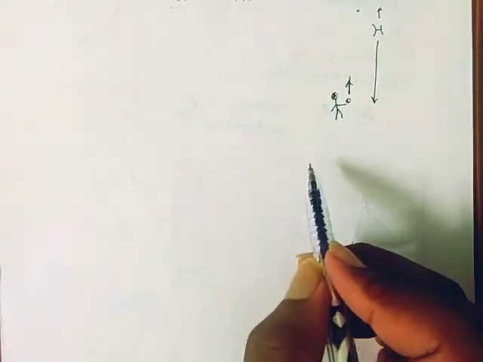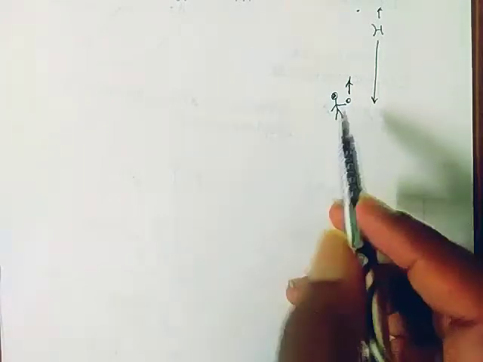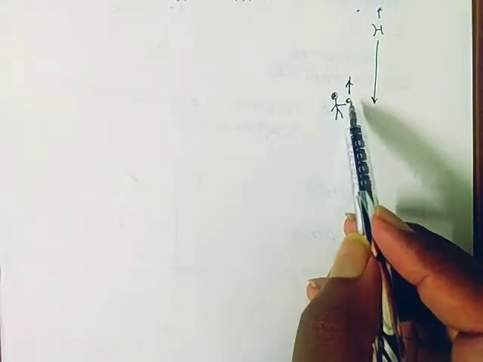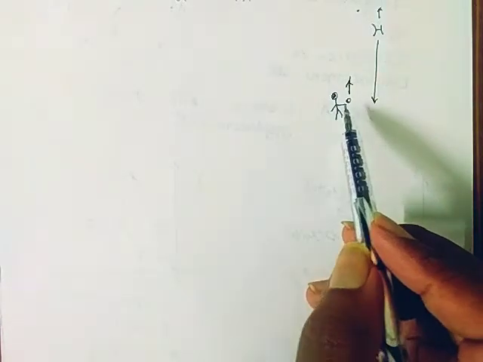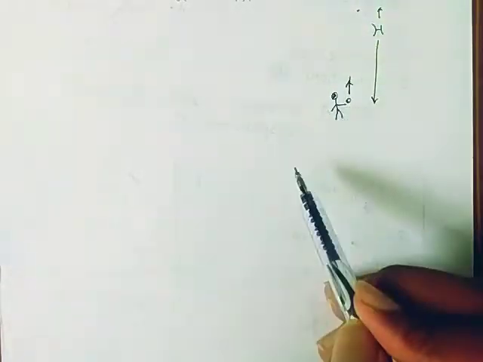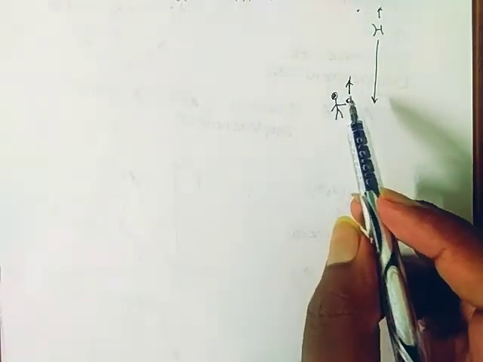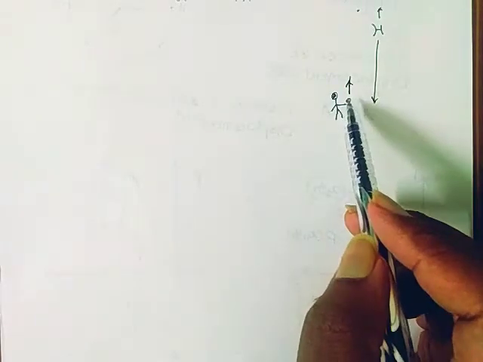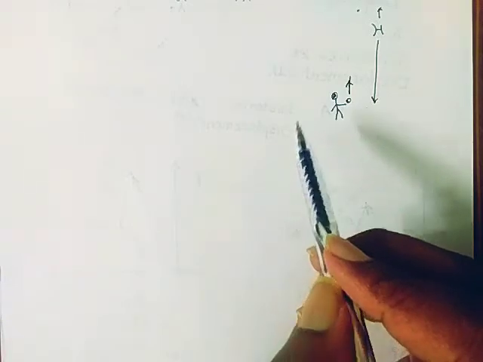If I want to find out the total distance covered by this ball, then it will be 2h: one h in the time of ascent, and another h in the time of descent. And the displacement is 0, because the initial point and the final point are the same at the end of the journey.